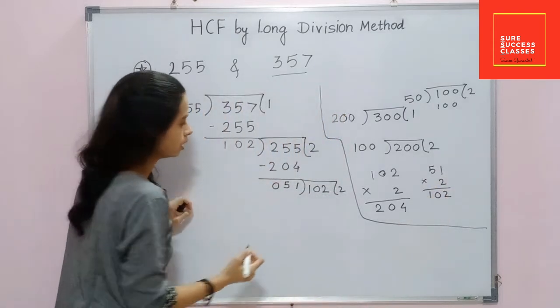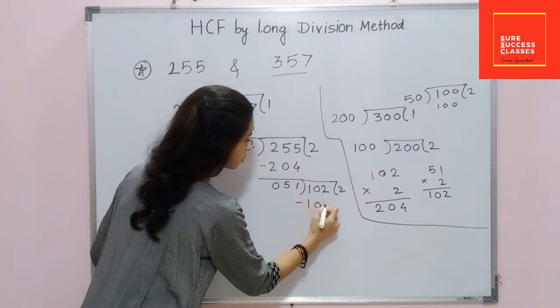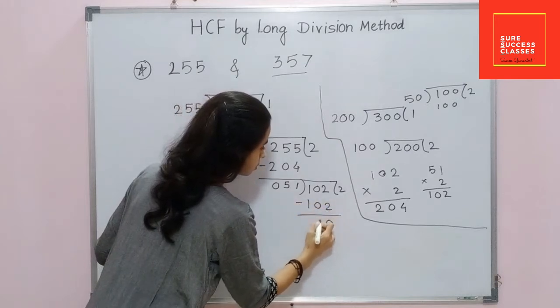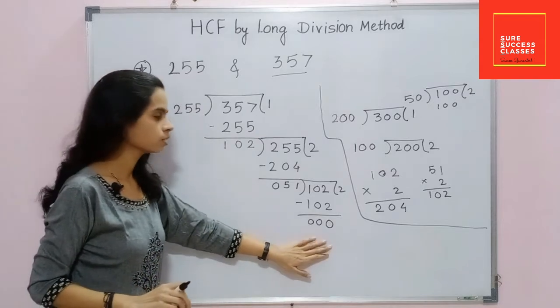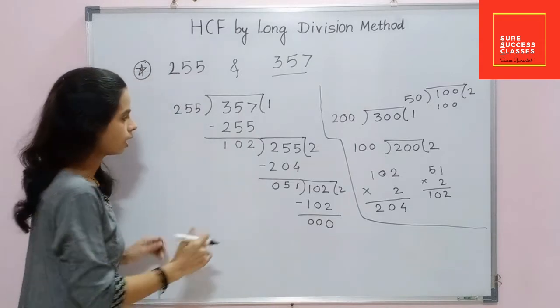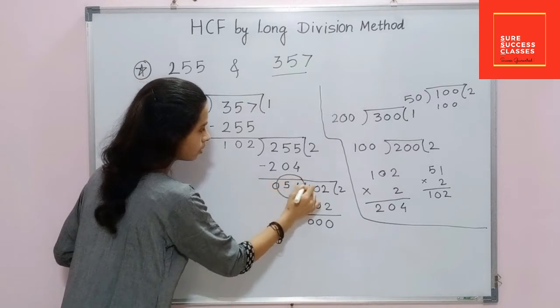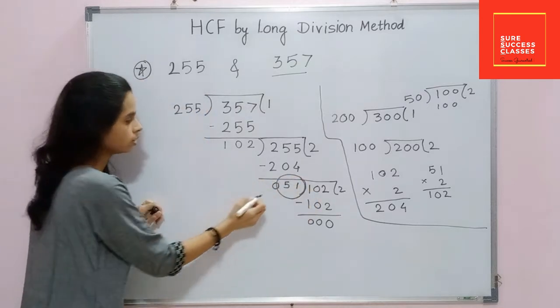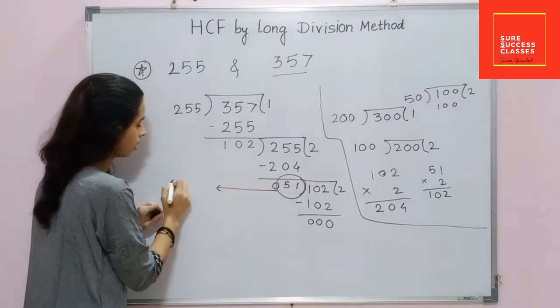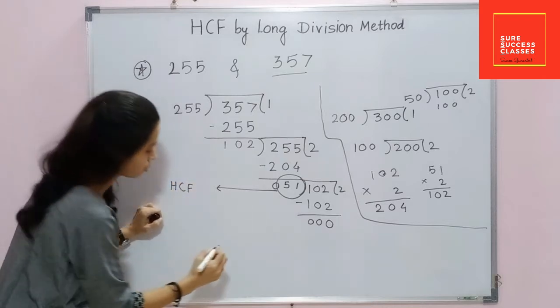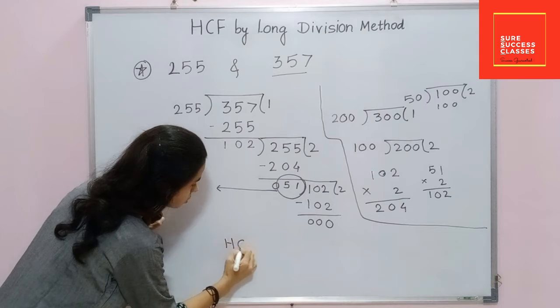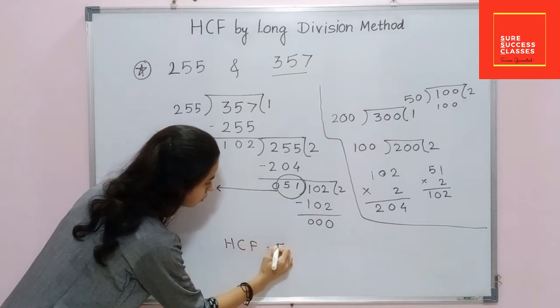We have got 102. Minus, we have got 0 as a remainder, so we will stop here, and this last divisor is our SCF and the answer to our question. So the SCF of these two numbers is 51.